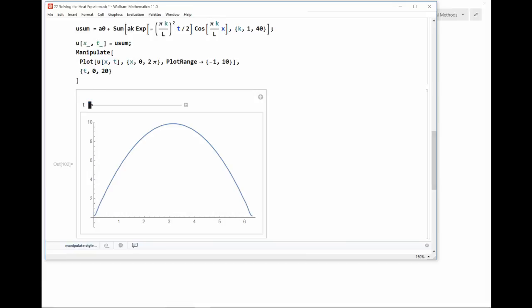As time progresses, this is what happens. All of the terms with the cosine are going to be decreased to 0 by the exponential functions. The only thing that survives is the constant c0. So as time progresses, the solution converges to a state where all the temperatures are the same throughout the rod.